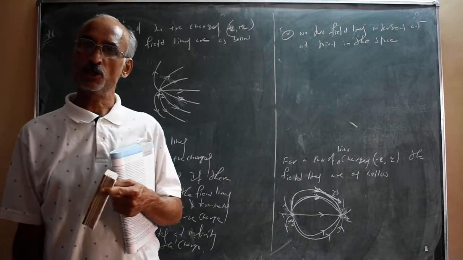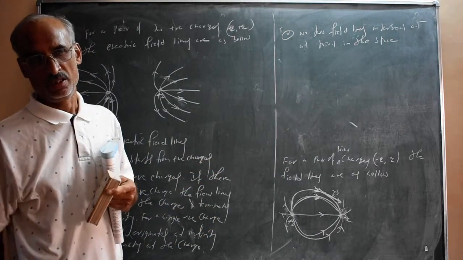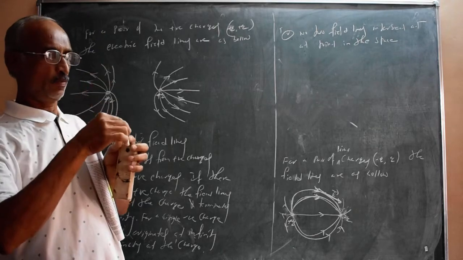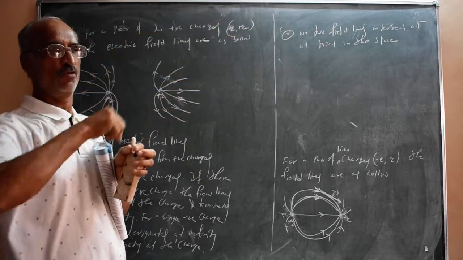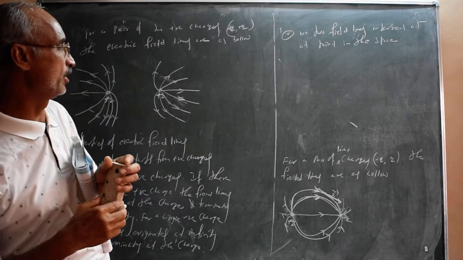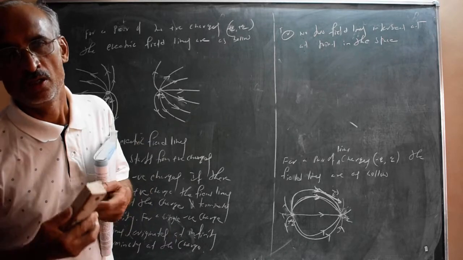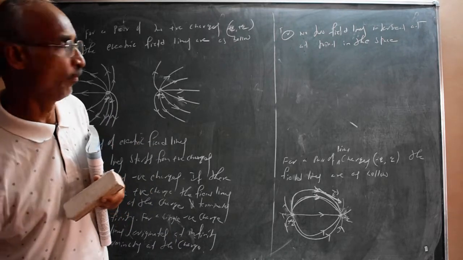The field lines are space curves, even though they are drawn on the board. Actually, the charge is kept in space, and in all directions, upwards, downwards, rightwards, the field lines will be there. But two field lines won't intersect at a point.